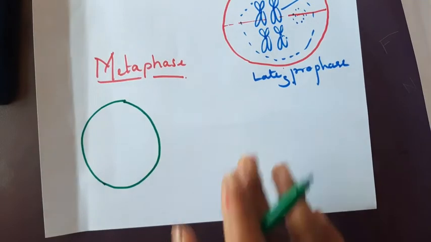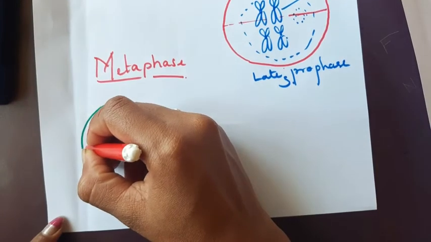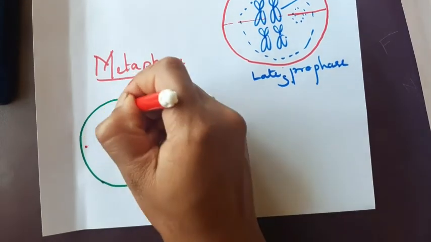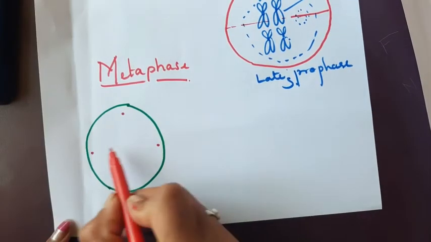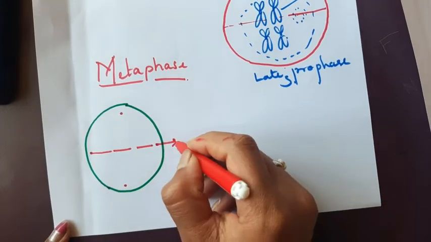Okay, at both the sides or both the poles. This line is known as an equatorial plane.